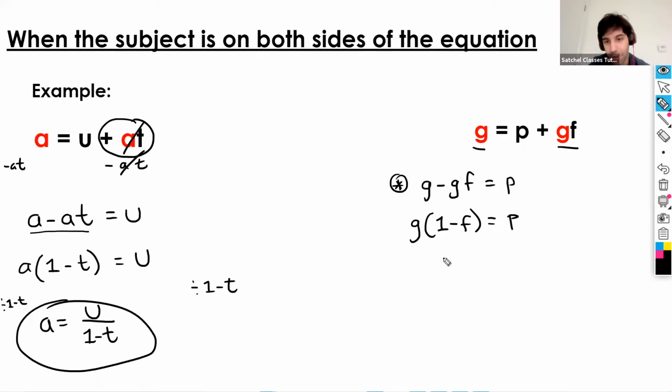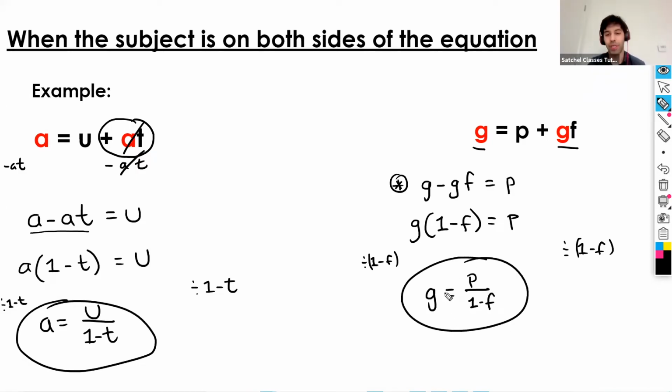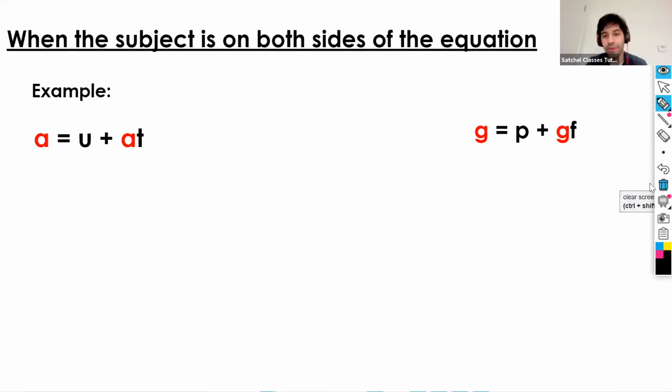Now what we need to do is divide both sides by 1 minus F. So what we'll end up with is G is equal to P over 1 minus F. And now G is the subject of our equation, as the question says, change the subject of the equation. All right, and moving on.